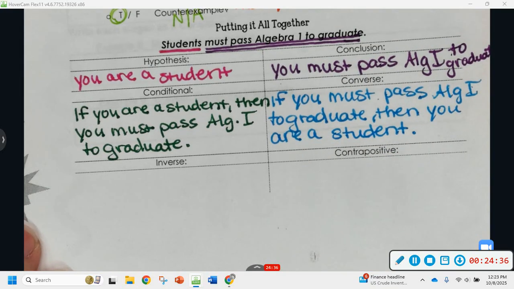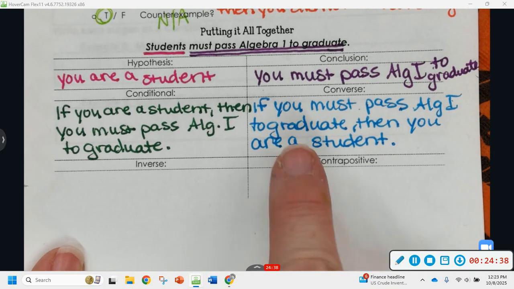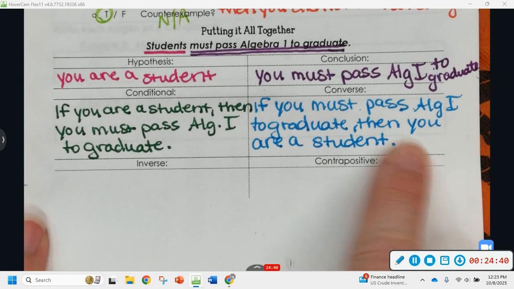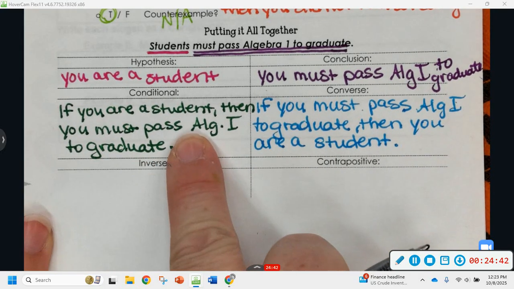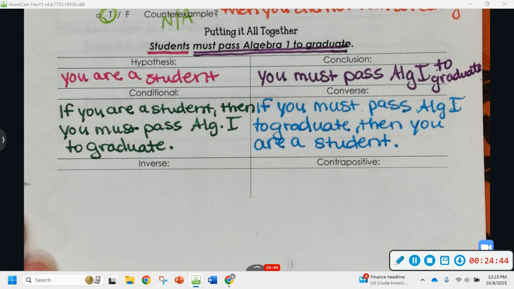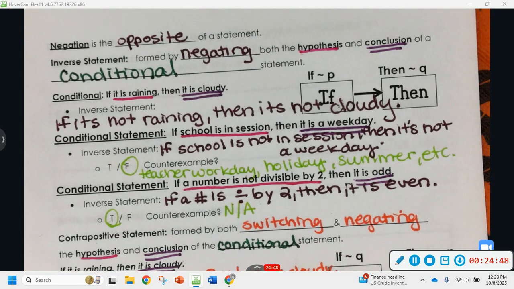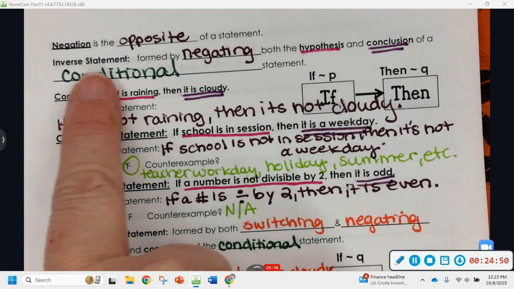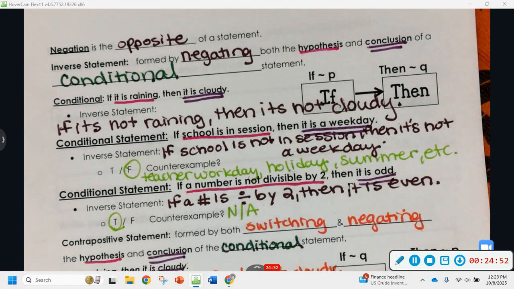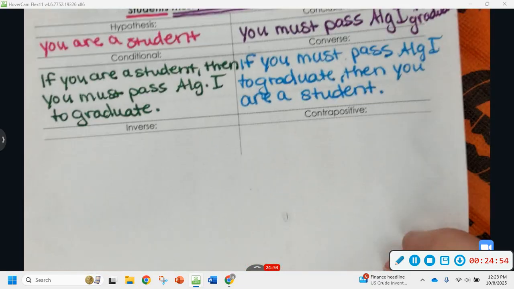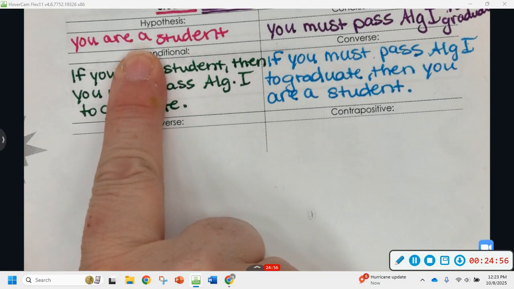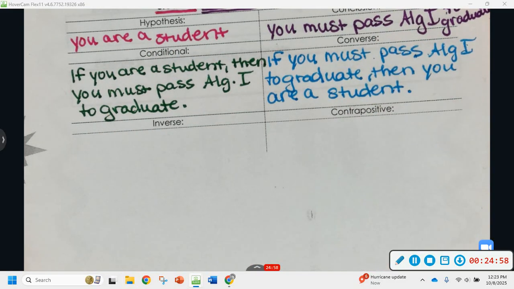Again, we're not adding anything extra to that. We're not saying then you're a student at Martin High School, because I did not mention Martin High School over here. All right, the inverse, checking back up here, the inverse is formed by negating. So my inverse negates and negates.